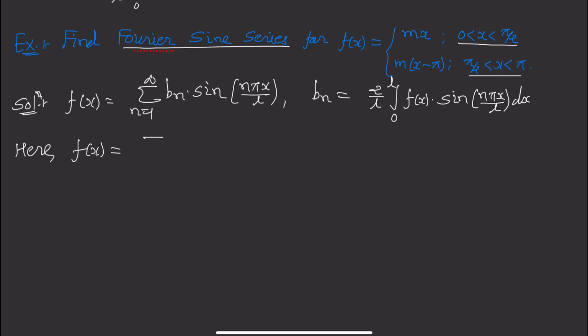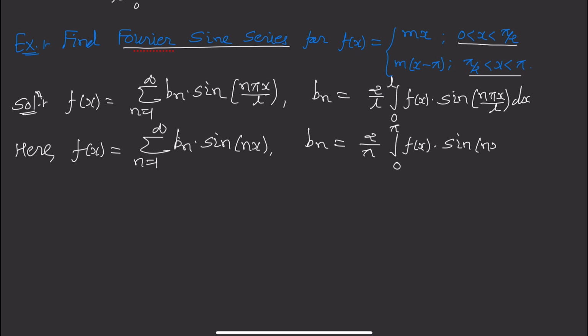So this is summation n is equal to 1 to infinity Bn into sine nx, where Bn is 2 upon pi integration 0 to pi f of x into sine nx dx. So now we need to evaluate only this Bn, and that we substitute here. That's all. Only we need to do this thing.